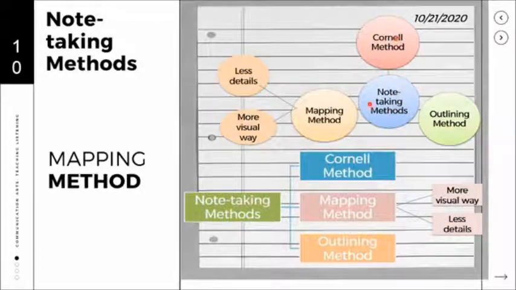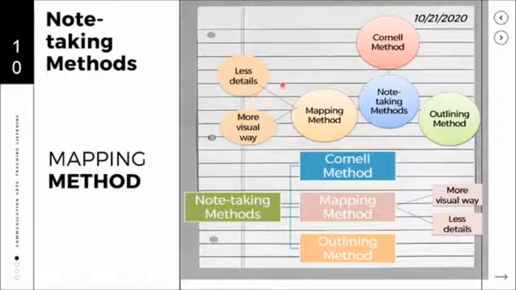Branching out from the main topic, write a heading for each of the subtopics. For example, these are the proven and tested note-taking methods, our subtopics, and here you have to write an important keyword about each of the subtopics. You have to continue the pattern as long as there are important details that would connect to this particular main subtopic.